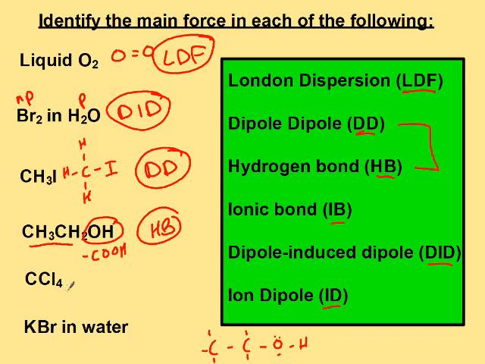For CCl4, you have carbon with 4 chlorines coming off. So same thing all the way around, which makes it nonpolar. And if it's just nonpolar, it's going to be LDF. And then the last one, we have KBr. K is a metal, so this is ionic. And then water is polar. So this would be an ion-dipole.